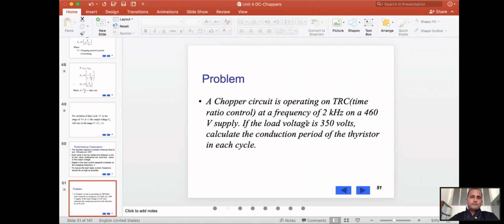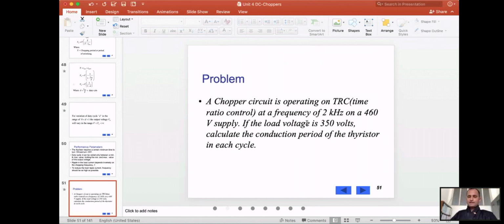So let's do this problem. The chopper circuit is operating as time ratio control at a frequency of 2 kilohertz on a 460 volt supply. If the load voltage is 350 volt, calculate the conduction period of a thyristor in each cycle. Can you quickly note down this problem.